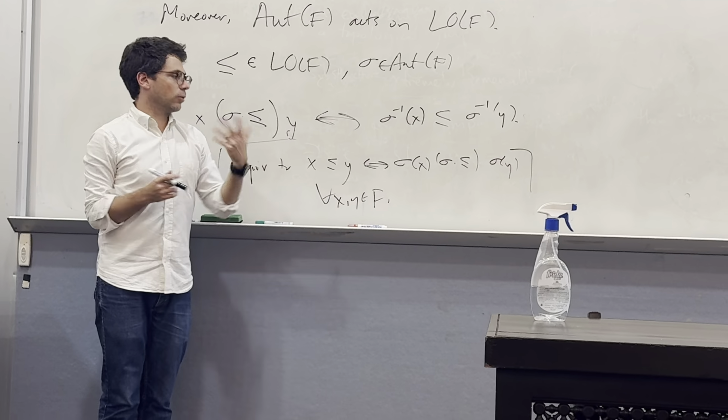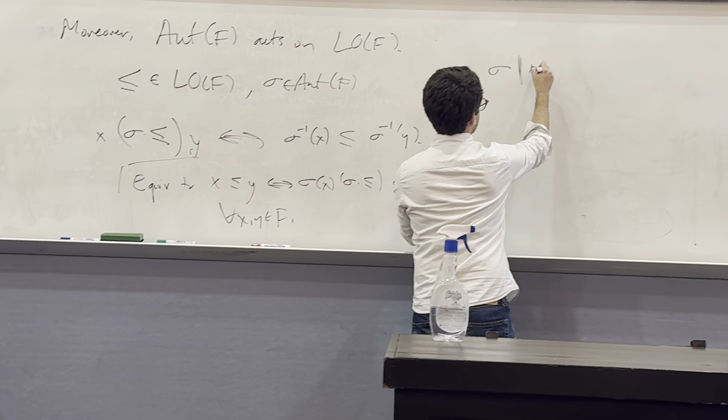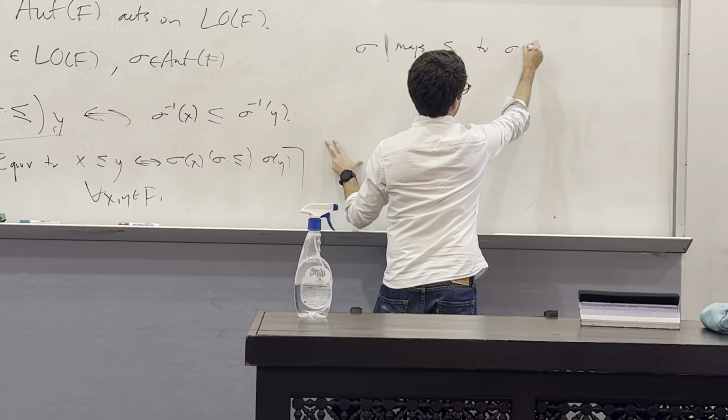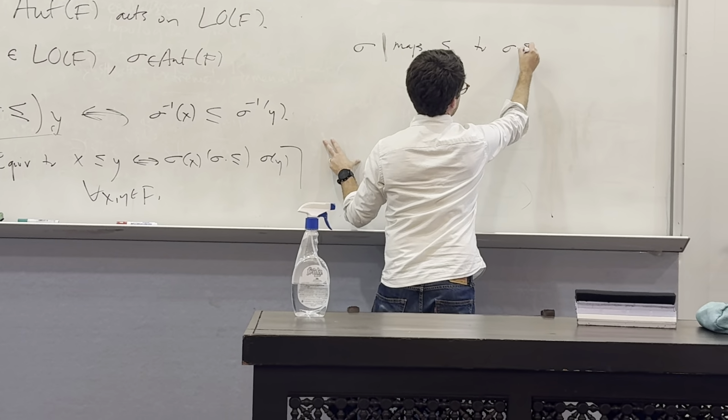And that's what we call sigma-dot less than. So sigma maps less than to sigma-dot less than by applying sigma to each pair in the relation less than. Okay? So I start with a linear order, I apply an automorphism, it scrambles and gives me some other linear order. Okay?